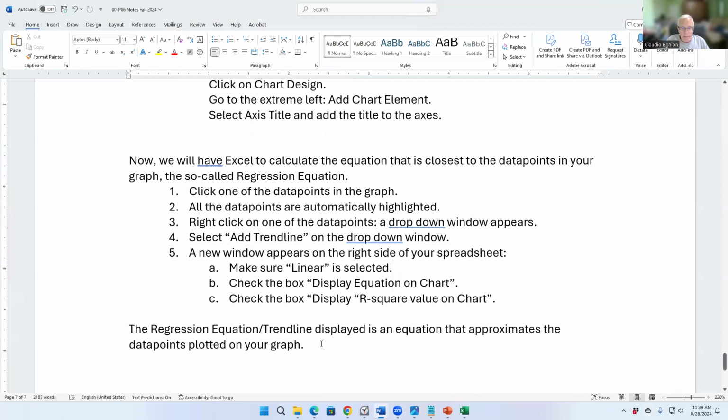That's what it is. There is a mathematical procedure to calculate that called the least square method.